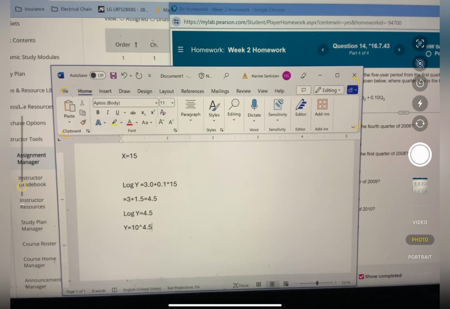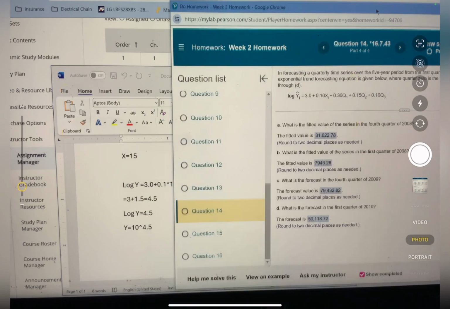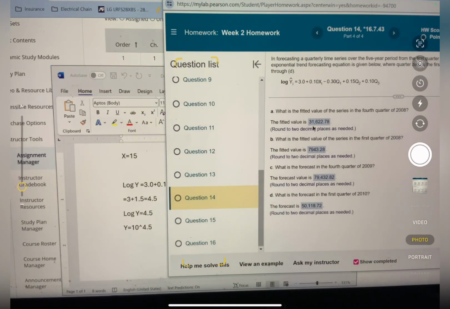In my case, I got 31,622, here it is with some decimals, 31,622.78. Okay, that's the answer.